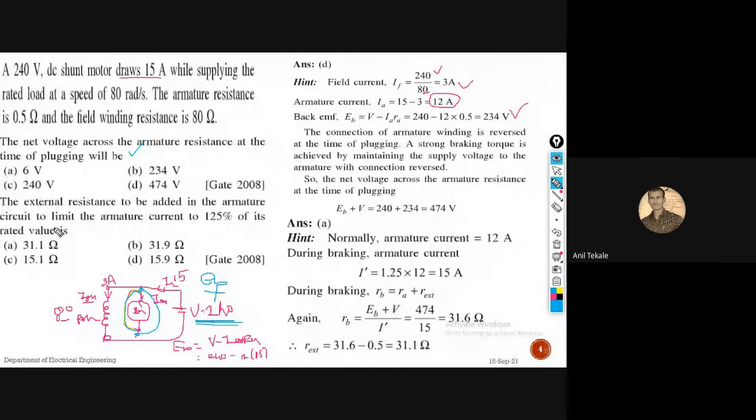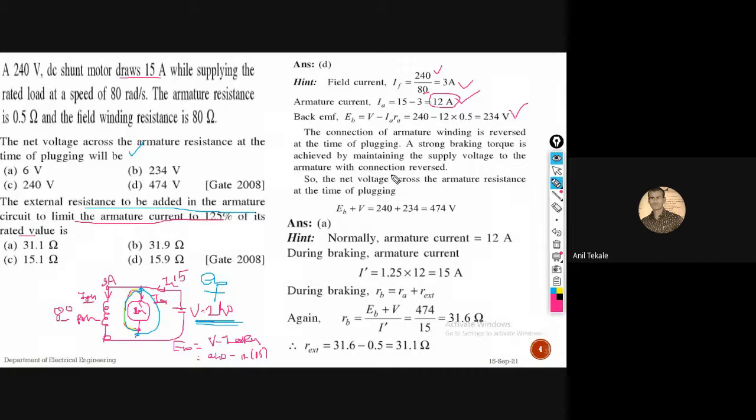Okay, now what will be the second question? The external resistance to be added in the armature circuit to limit the armature current to 125% of its rated value. First of all, we have to calculate the armature current value. We already know that the armature current is 12 ampere.